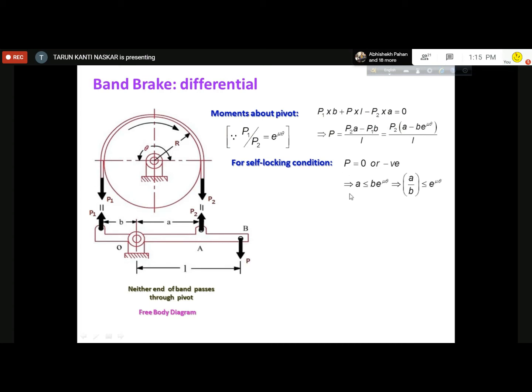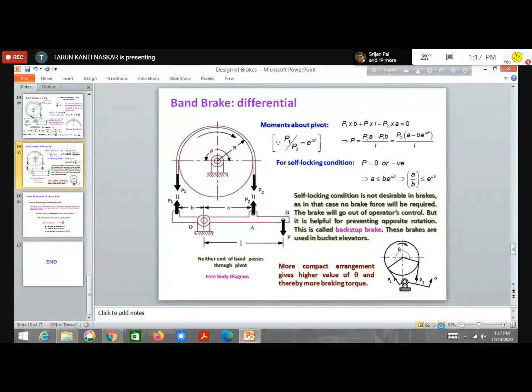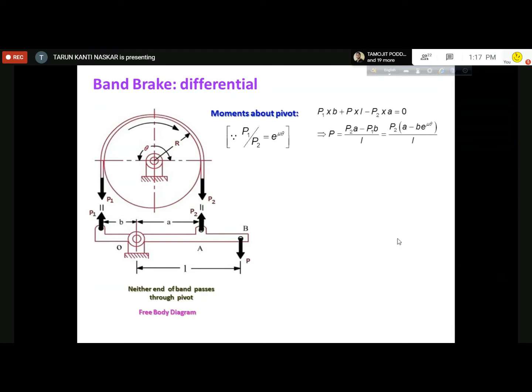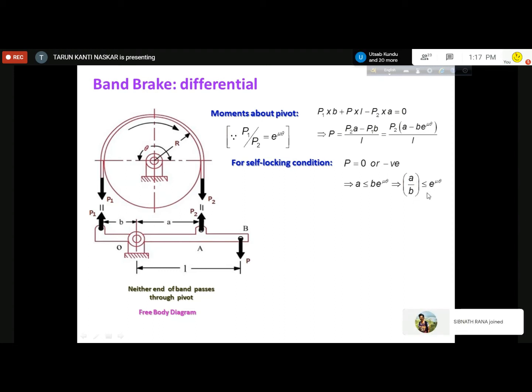And P is 0 or negative means A is less than or equal to B e to the power mu theta. That means A by B is less than or equal to e to the power mu theta. So for the self-locking condition, this is the thing: A by B is less than or equal to e to the power mu theta.